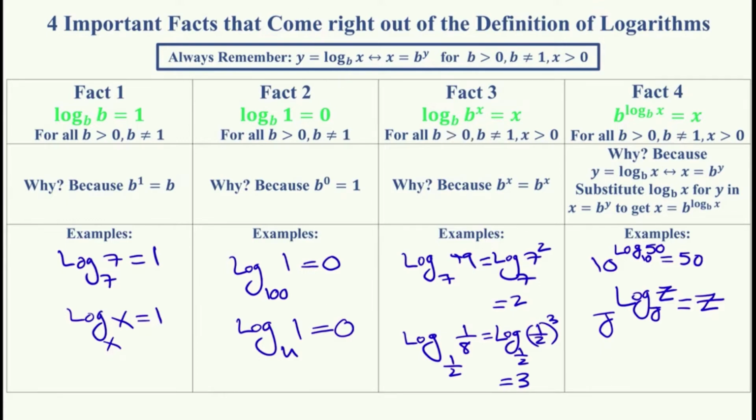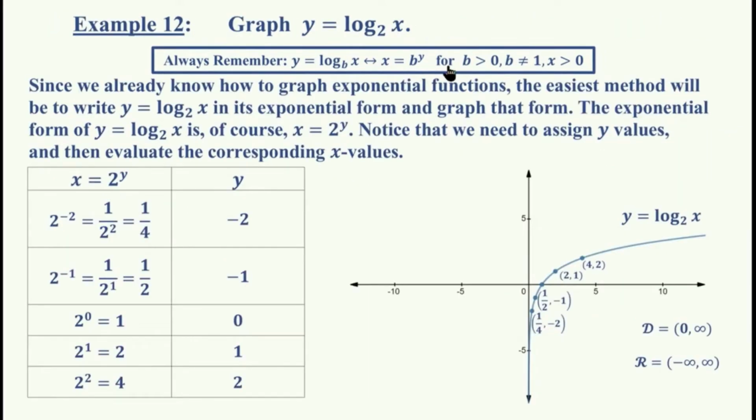We're almost done. We're just going to look at a couple of graphs and call it a day. All right, so suppose somebody asks you to graph y equals log base 2 of x. Now, you could, of course, make a table of values where you give x values and then find corresponding y values, which means you're going to have to take logarithms. Or you could do what's easier, which is just to find powers.